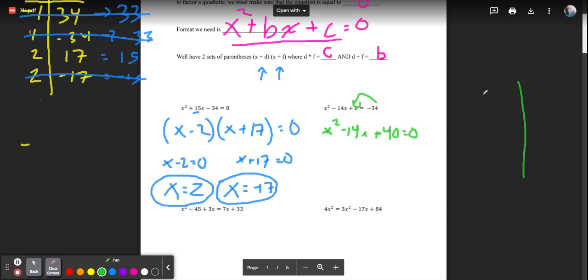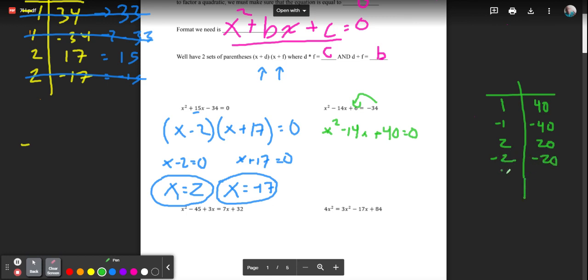Okay, so again, I'm going to make a little chart. I need two numbers that multiply to 40. Okay, multiply to 40. All right, so I have 1 and 40. I could also do negative 1 and negative 40, because two negatives multiply to a positive. 2 and 20, negative 2, negative 20.